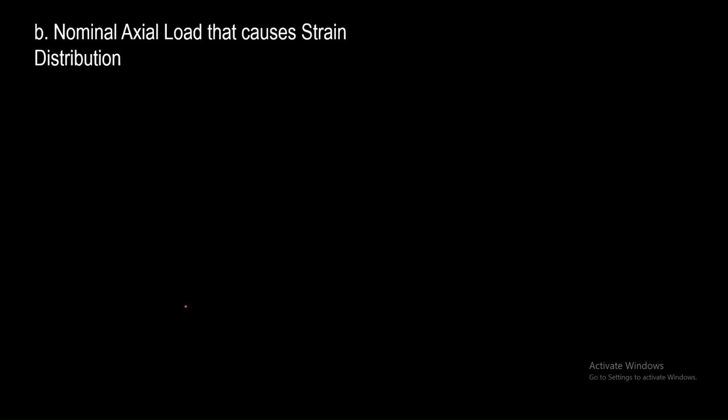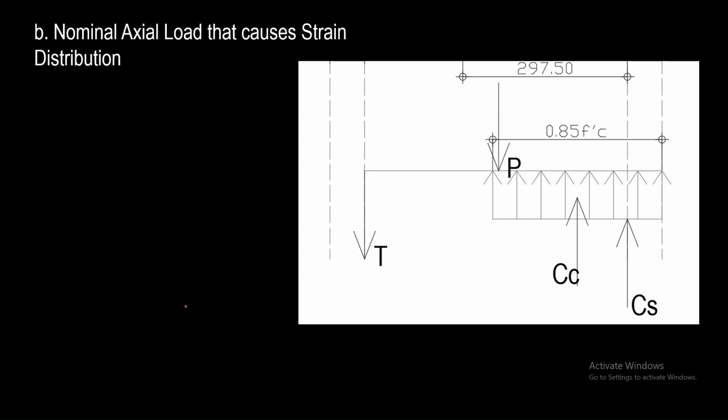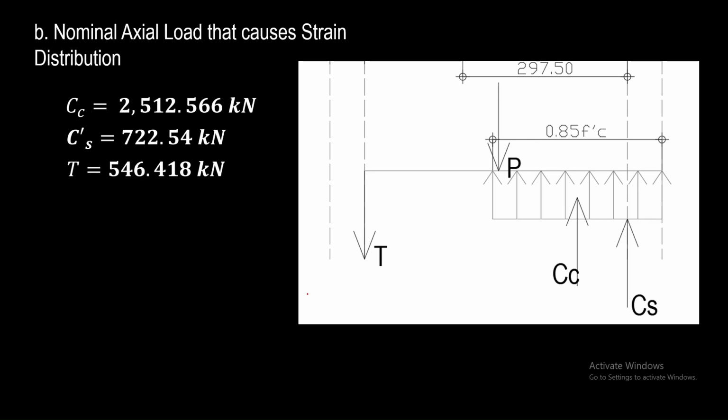Summation of forces vertical, as a recap: compression due to concrete is 2,512.566 kilonewtons, compression steel reinforcement force is 722.54 kilonewtons, and tension force is 546.418 kilonewtons.